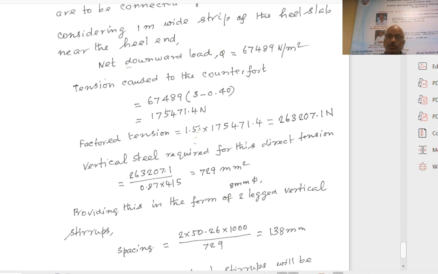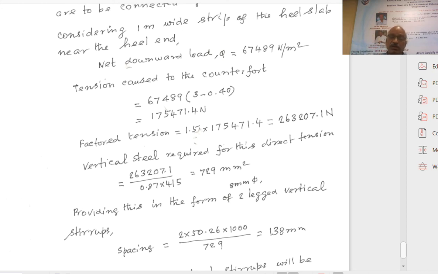So this downward force will cause a tension, or will try to separate the main counterfort and the base slab. Therefore, the tension caused in the counterfort is 67,489. Width direction we are considering 1 meter. In the length direction it is 3 minus 0.4, 3 minus the width of the counterfort.